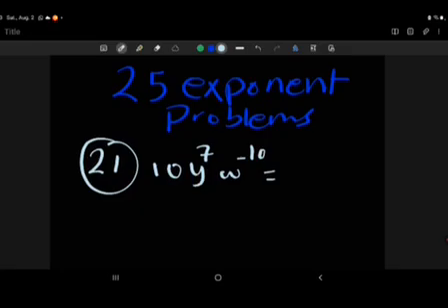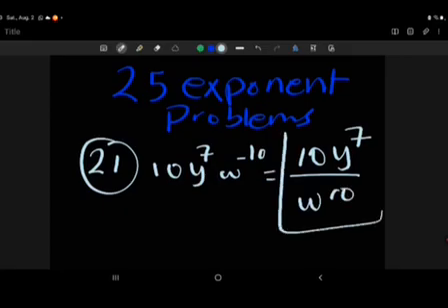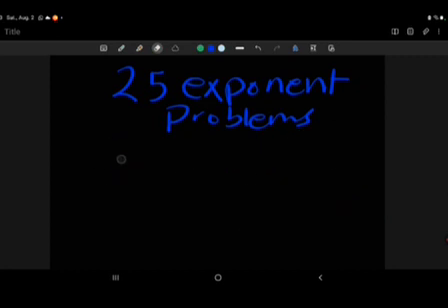Okay, how can we do that? So at any rate, we only have one power that's negative, right? So we've got to transform that into a positive power. That's pretty much it as our answer here. Okay, problem 21, and then 22.